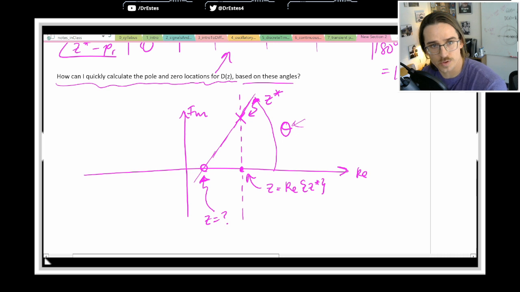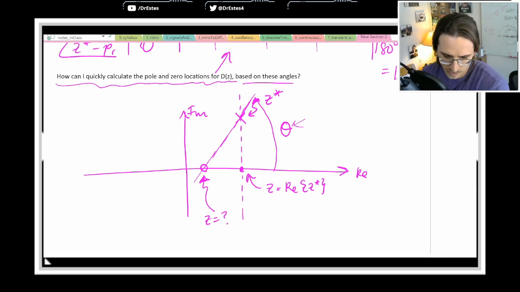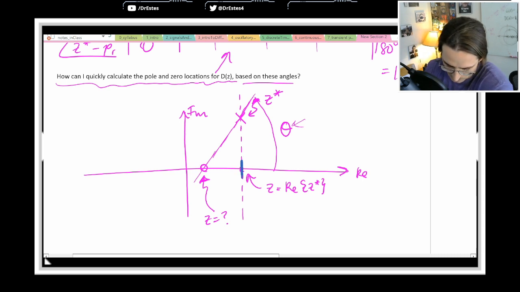So that's what we're trying to solve for and get a formula for. The way that I'm going to do this is I'm going to make a coordinate that starts at the real part of z star and it goes back this way in the negative real direction towards wherever our 0 or pole is going to be.